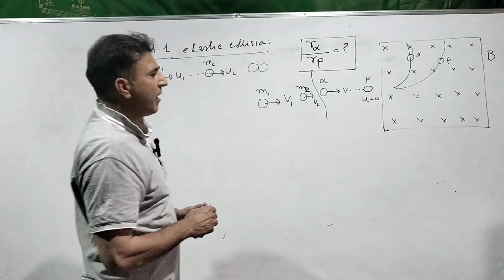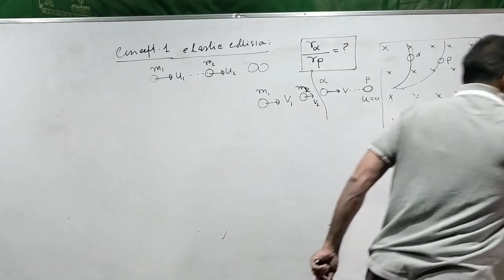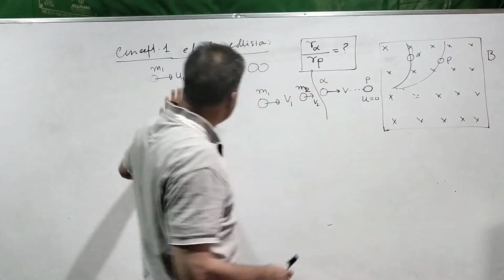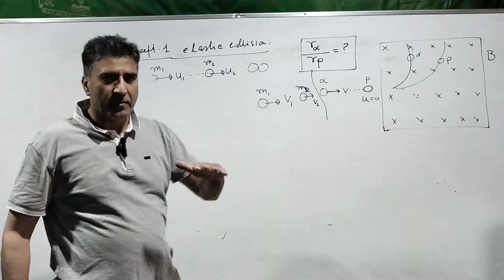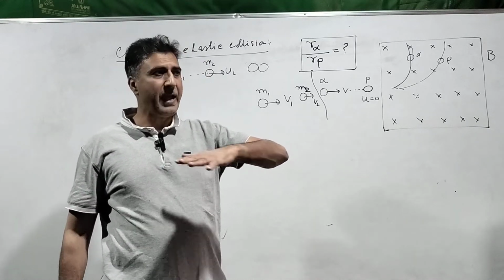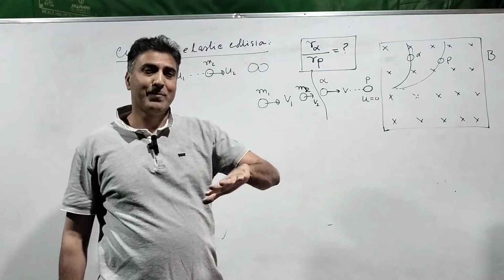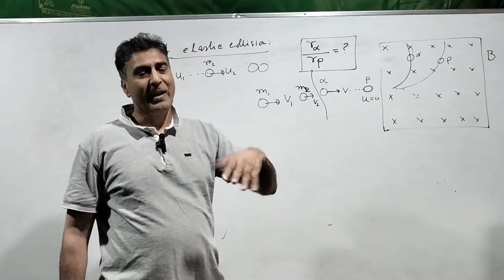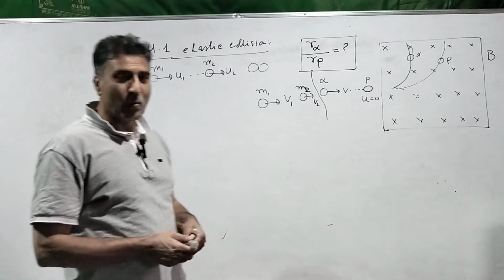Okay. Now, elastic collisions are handled by two rules: the conservation of energy principle and the conservation of momentum principle. Both rules can be applied, and we have already done that in my earlier lectures.